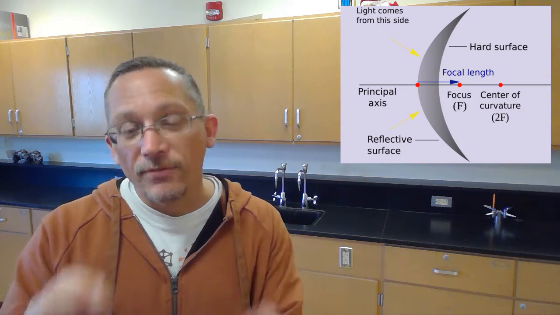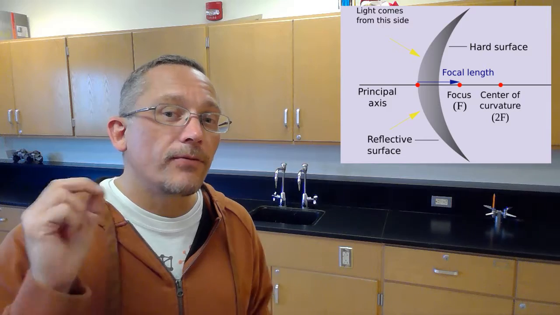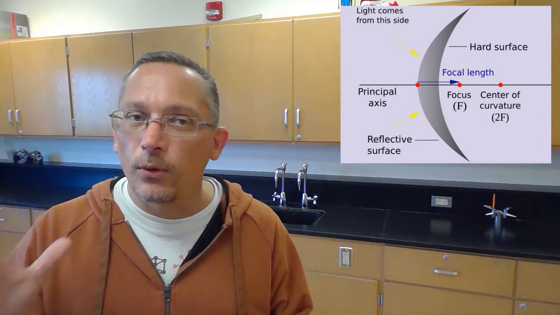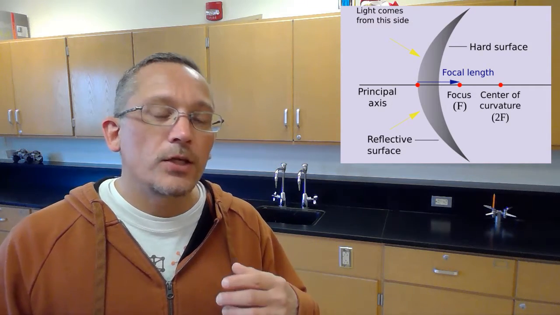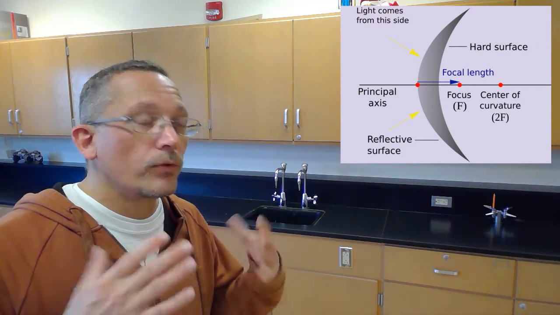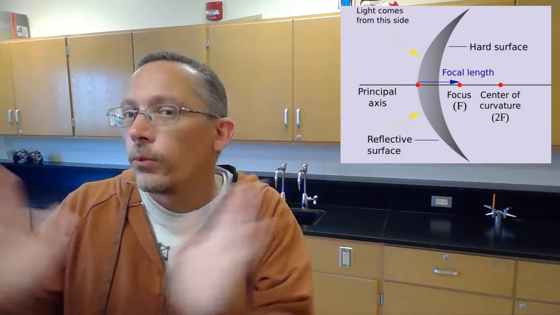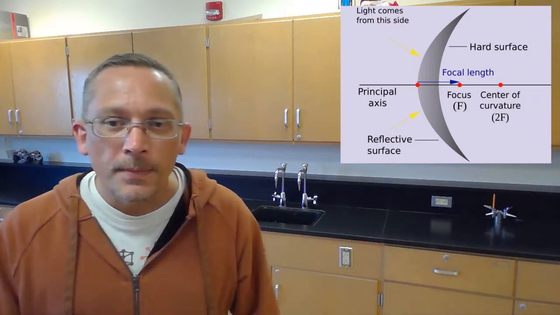The focus is halfway from the mirror to the center of curvature, and that focus point is going to help us figure out how light reflects off of the mirror. The focus point is where the rays of light will either focus to or away from, depending on which kind of mirror we're talking about.